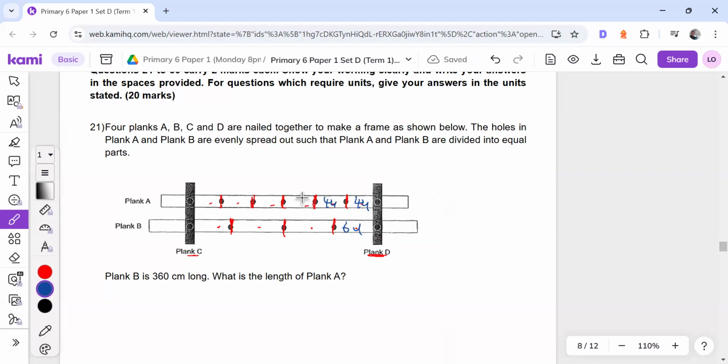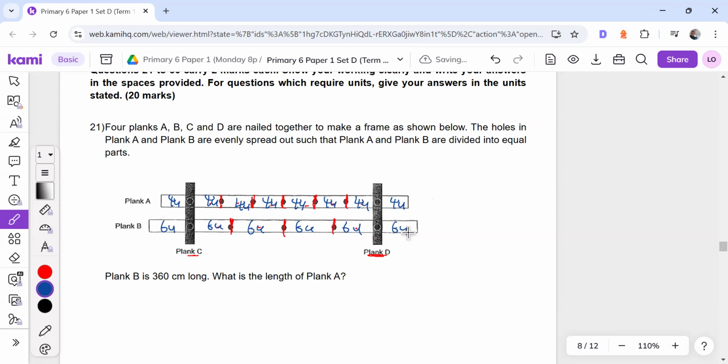Every small box is 4, 4, 4, 4, and 4. And the longer box will be 6, 6, 6, and so on. If you add the units, isn't that 24 units? So on top 24 units, below also 24 units. So here must be 4, here 4, then here 6, and there 6.